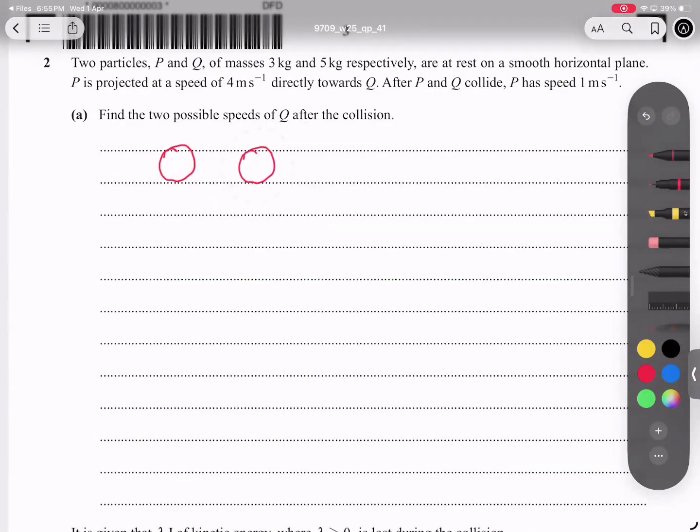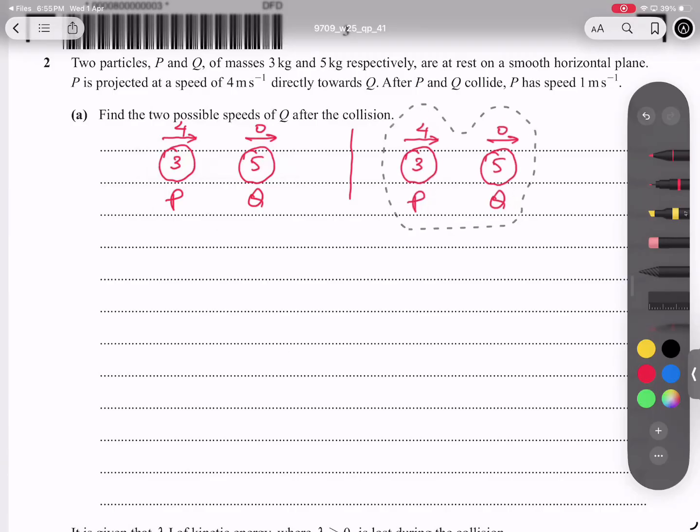First of all, I'm going to show you this is the 3 kilogram particle P and the 5 kilogram particle Q. P is moving with speed 4 and the other has speed 0, before collision. Now after collision, P's speed is 1.